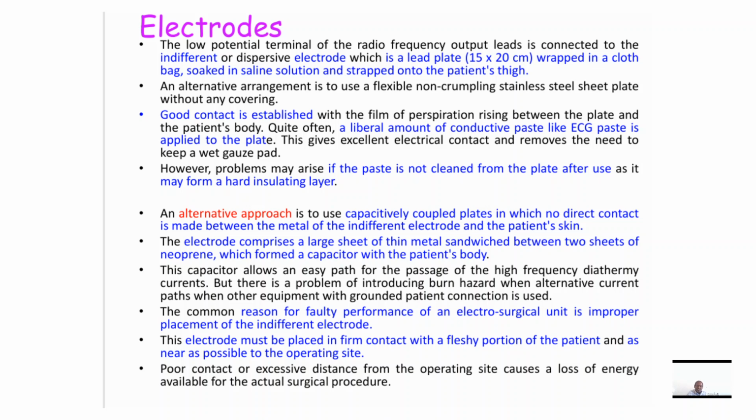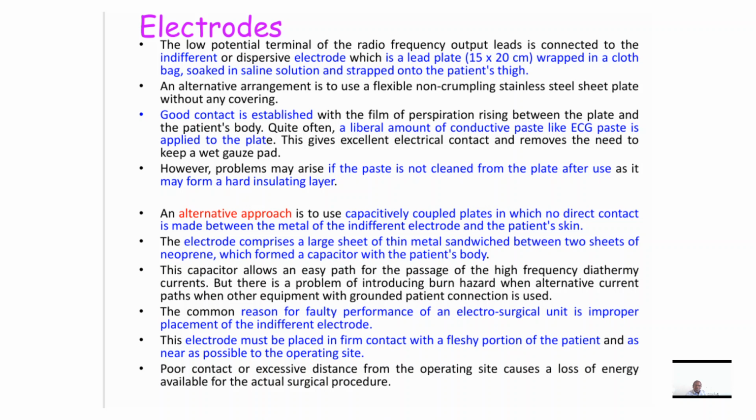Good contact is established with the film of perspiration between the plate and the patient's body. Another approach uses capacitively coupled plates in which no direct contact is made between the metal of the indifferent electrode and the patient's skin. This is also one of the techniques.